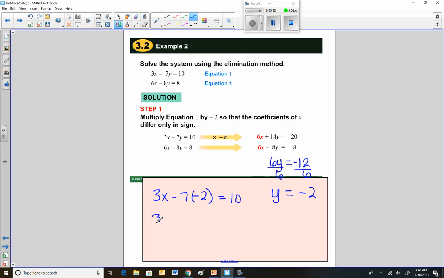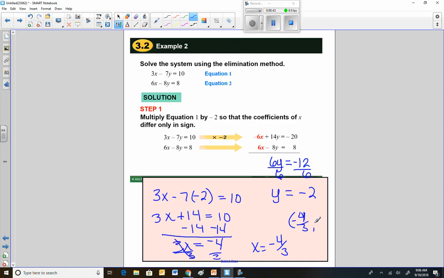So now I've got 3x plus 14 equals 10, minus your 14, and you get 3x equals negative 4, and then divide by 3, and so my x is equal to negative 4/3. So my solution would be written as negative 4/3, comma, negative 2.